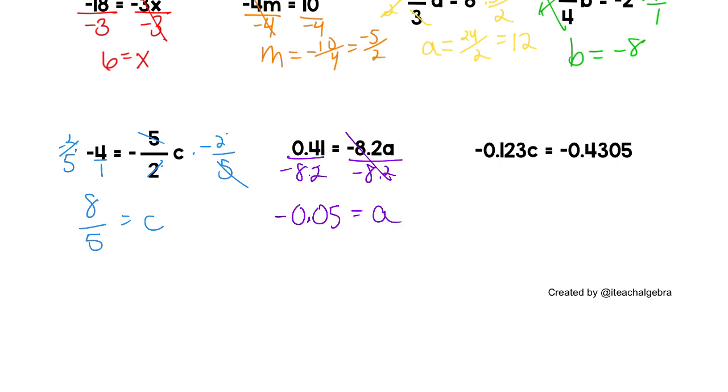Last one, -0.123c equals -0.4305. We divide both sides by 0.123. And that's got a negative, I almost forgot. Cancel on the left and leave us with c. And on the right, we get 3.5. And that's positive because these two negatives cancel each other out.